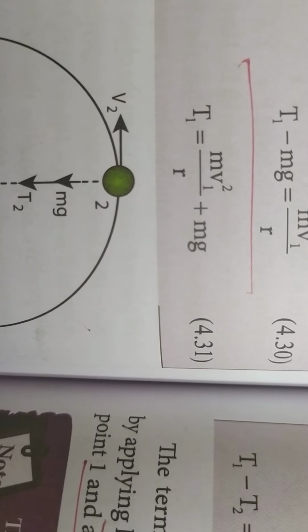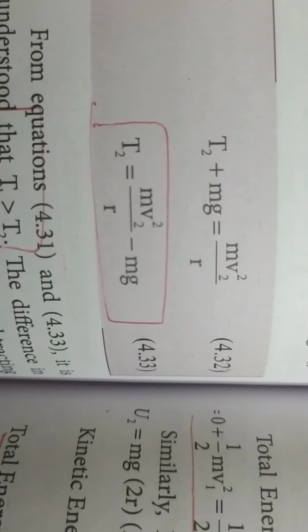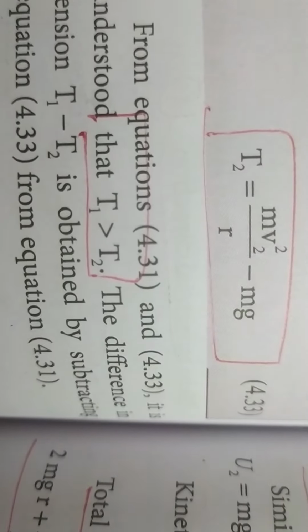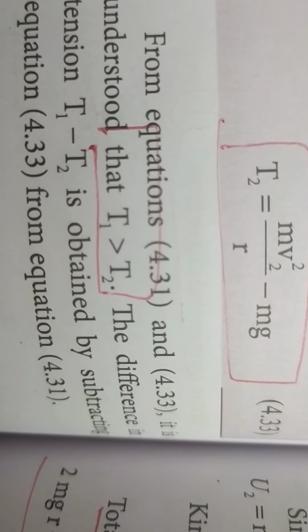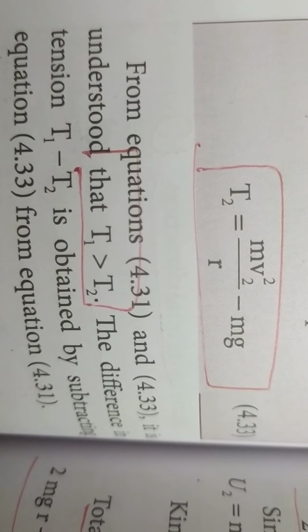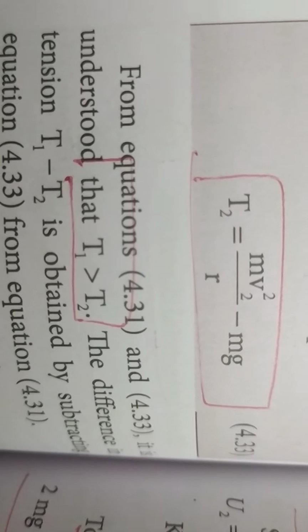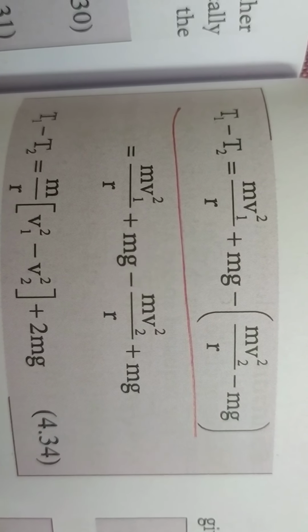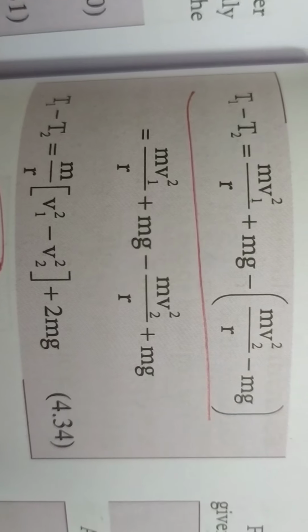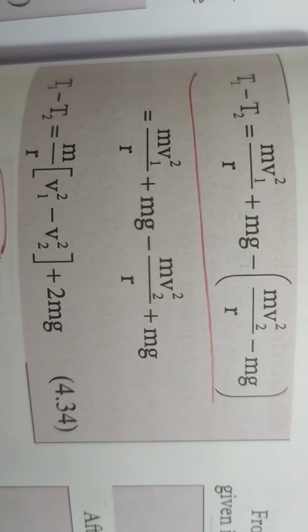Comparing these two equations, T1 and T2, definitely T1 is greater than T2, that is, the tension at the lowest point is higher than the tension at the upper point. Now we subtract the two equations. When you subtract, T1 minus T2 is equal to mv1 square by r plus mg, minus the equation of T2.